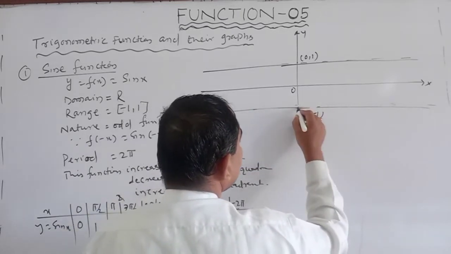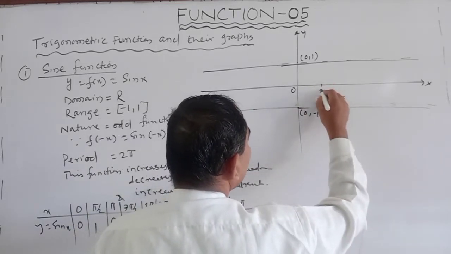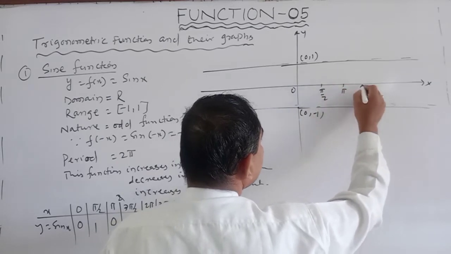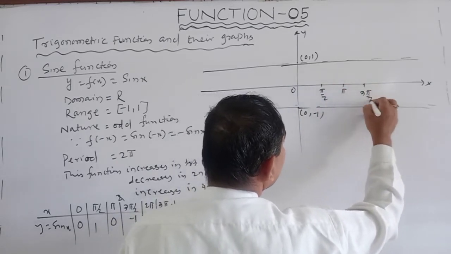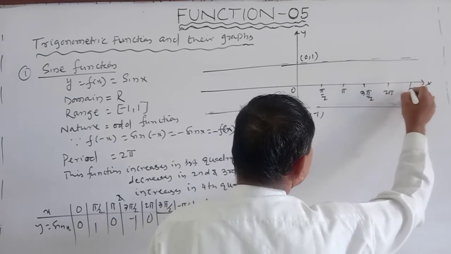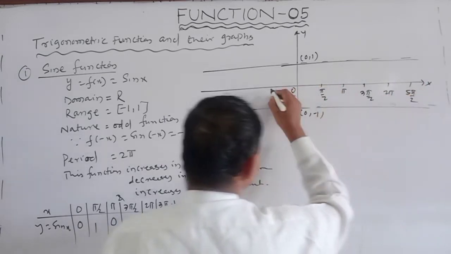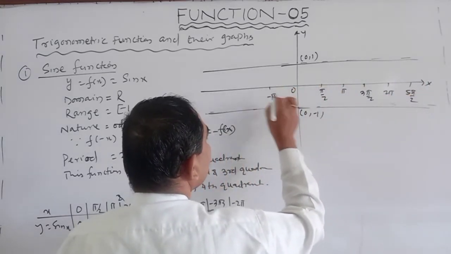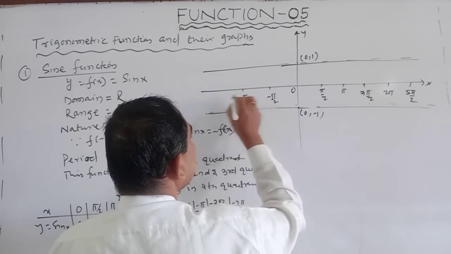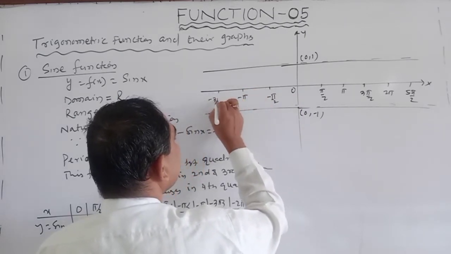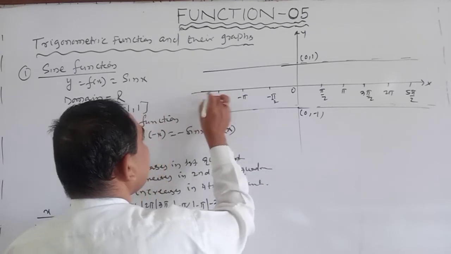Next, this is pi by 2, this is pi, this is 3 pi by 2, this is 2 pi, this is 5 pi by 2, and this one is minus pi by 2, this is minus pi, this is minus 3 pi by 2, and this is minus 2 pi.